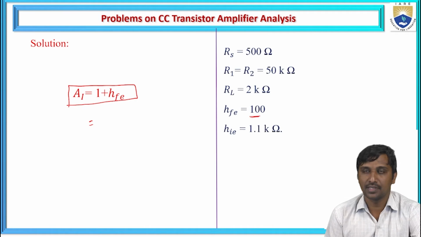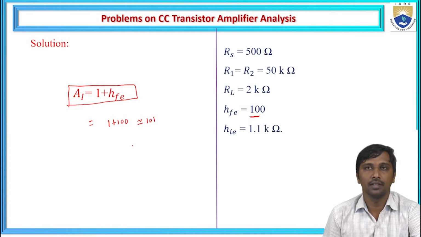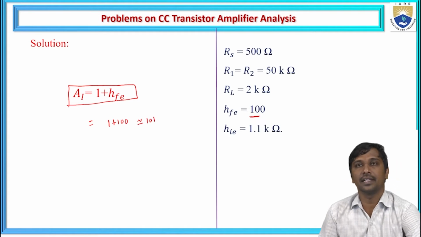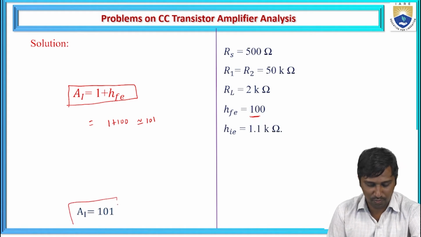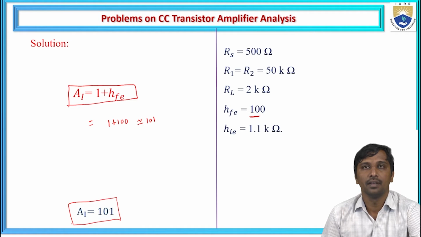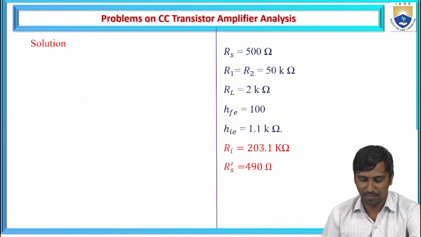HFE is 100, hence 1 plus 100 is equal to 101. So the current gain of the common collector transistor amplifier, AI, is equal to 101, or approximately 100. And now similarly we need to calculate the voltage gain of the common collector transistor amplifier.